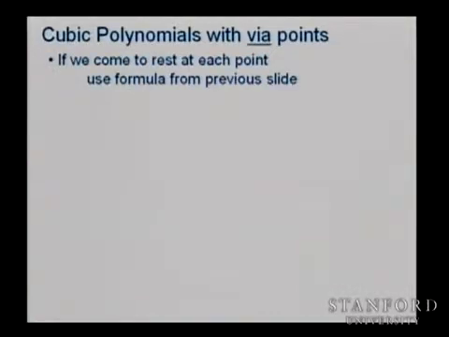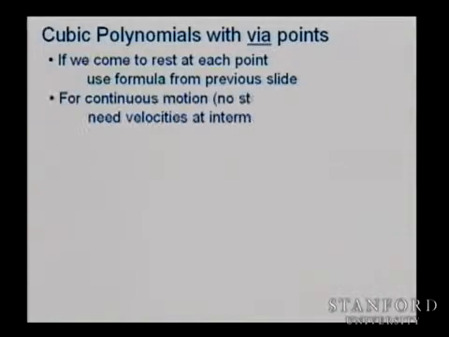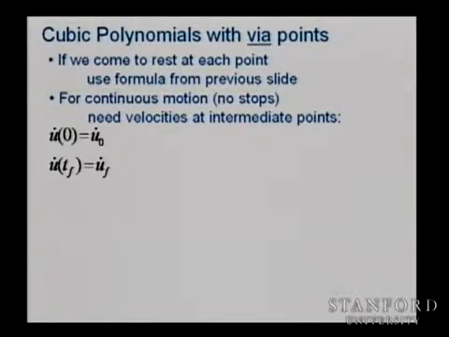Now, if we are using intermediate points, then at the intermediate points in the middle, we don't want to stop. So we don't want the velocity there to be 0, right? So for continuous motion with no stops, we need velocities at the intermediate points.